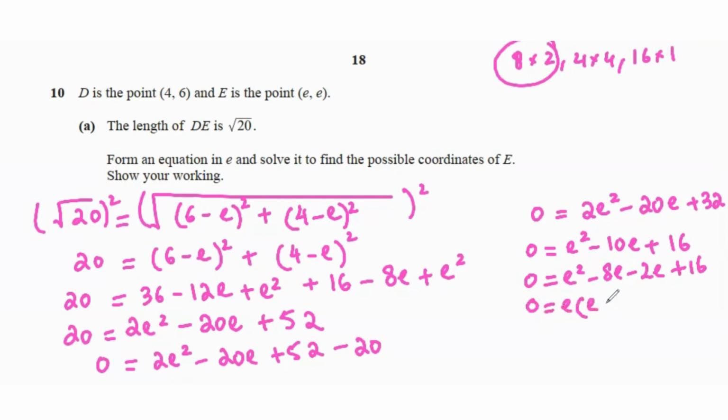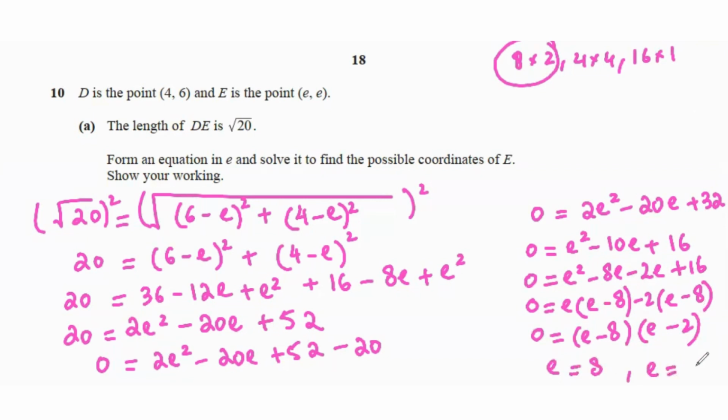E common, so E times (E minus 8), minus 2 common, (E minus 8). That's going to be (E minus 8) times (E minus 2). E is 8 and E is 2. So possible coordinates can be (2, 2) or (8, 8).